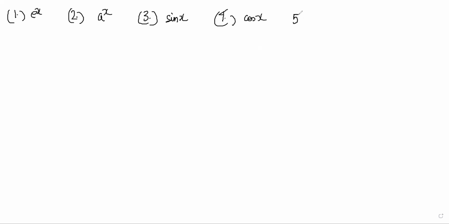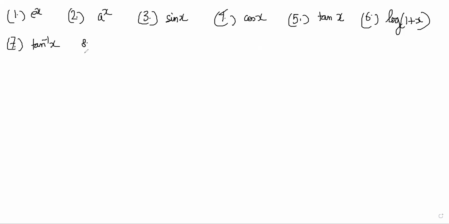So the series that they have asked in this Allen book to memorize at least are these: e power x, a power x, sin x, cos x, tan x, then log 1 plus x, tan inverse x, sin inverse x.